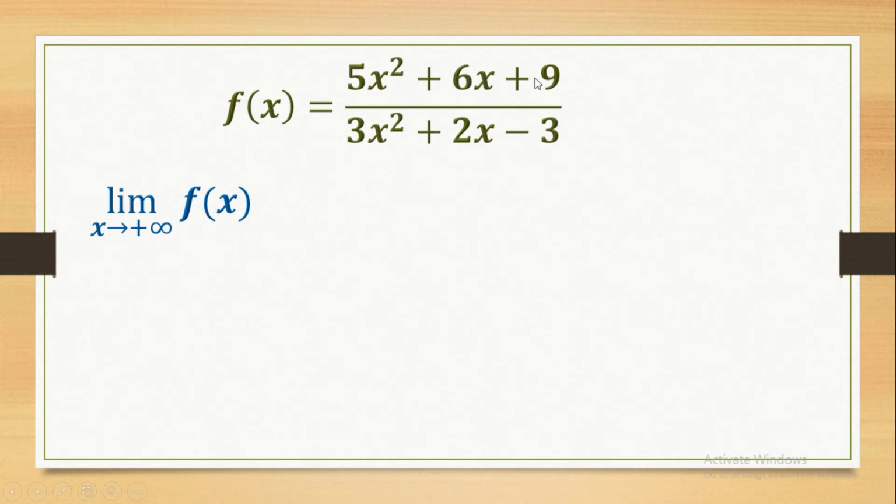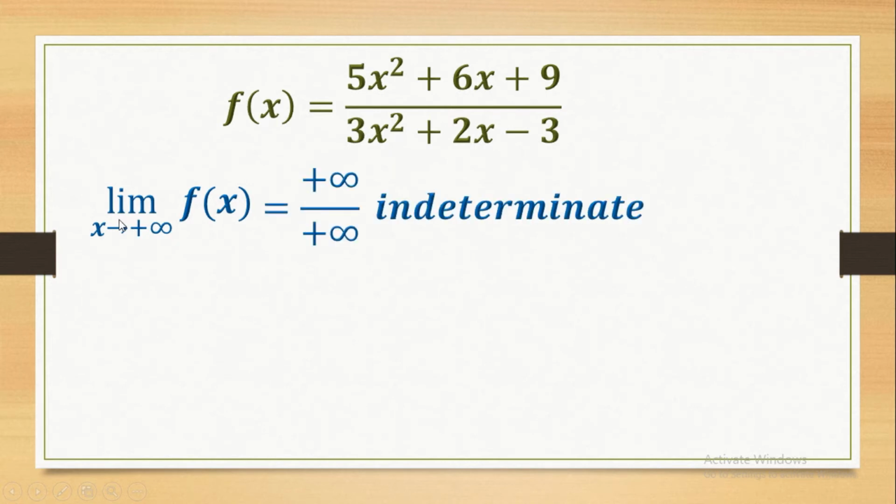So the sum here will tend to plus infinity. What about the denominator? As x tends to plus infinity, 3x squared will tend to plus infinity. The same here, plus 2x will also tend to plus infinity. Minus 3 will not affect, so the denominator will also tend to plus infinity. In this case, the limit of this function is plus infinity over plus infinity, but this is an indeterminate form. We cannot calculate its answer.